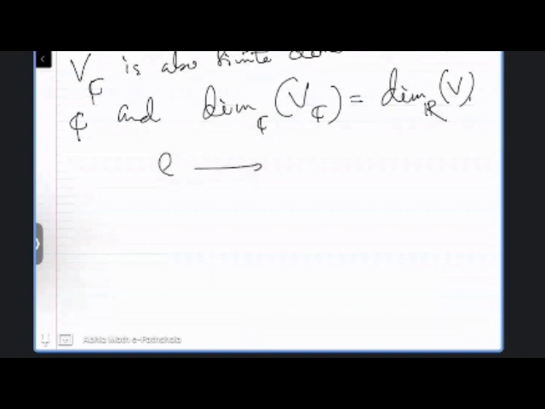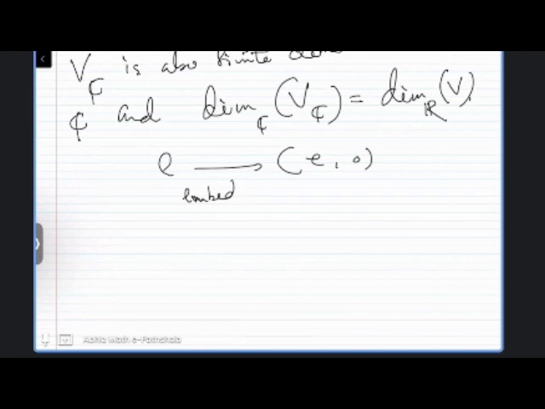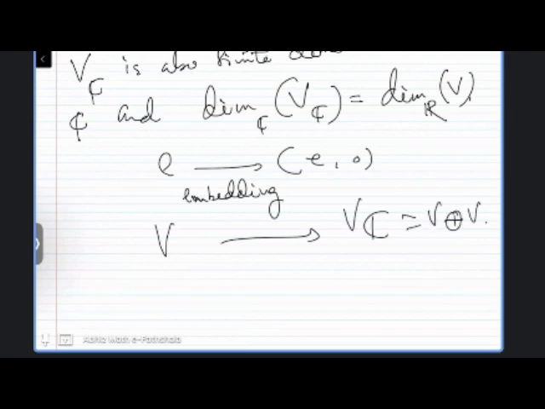So this is the embedding from V to VC. So if you have a finite dimensional real vector space, then its complexification will also be finite dimensional, having the same dimension as that of the real vector space.